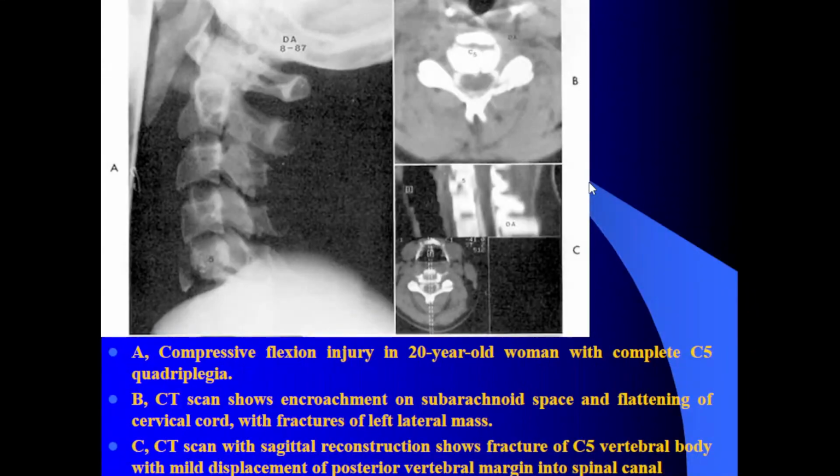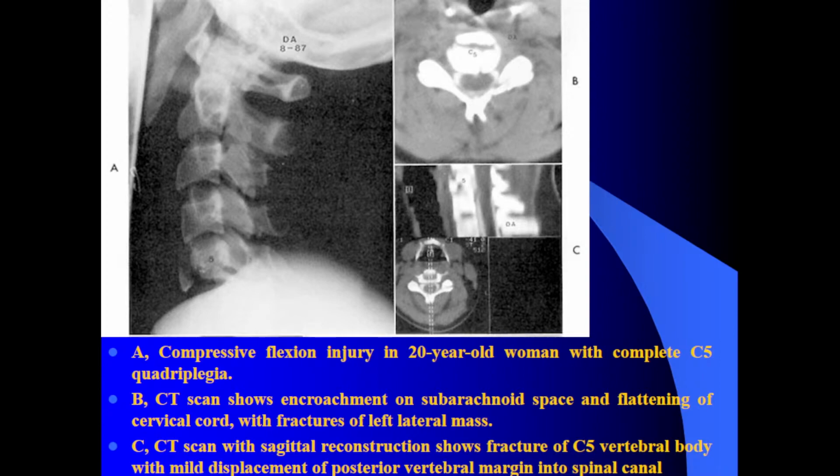Another example is a compressive flexion injury in a 20 years old woman with a complete C5 quadriplegia. Remember, C5, C6, C7 are the most common location for fractures of the cervical part.